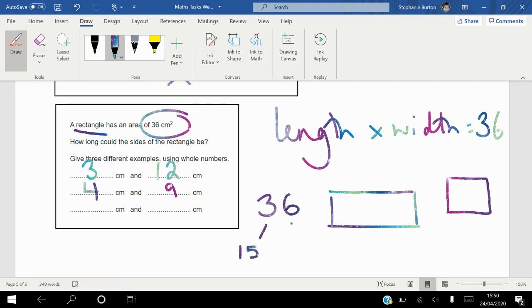If I find half of 6, that gives me 3. If I put those together, I get 18. So half of 36 equals 18. That means 36 divided by 2 gives me 18. And if I turn that into the inverse, I could do 18 times by 2.